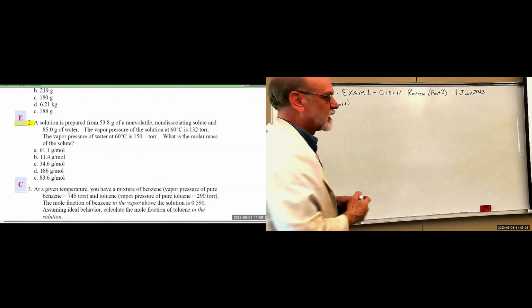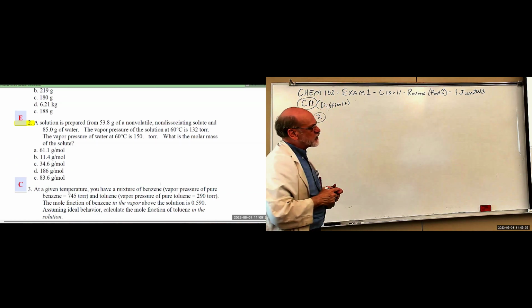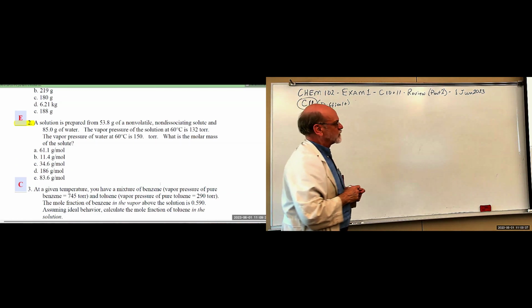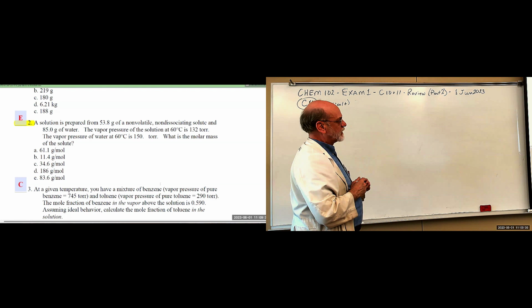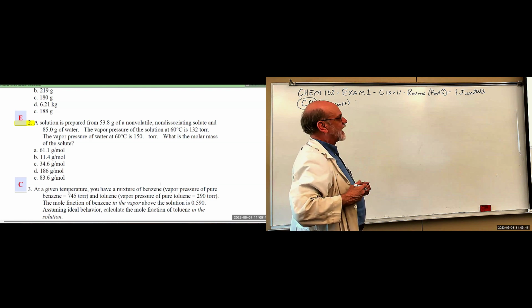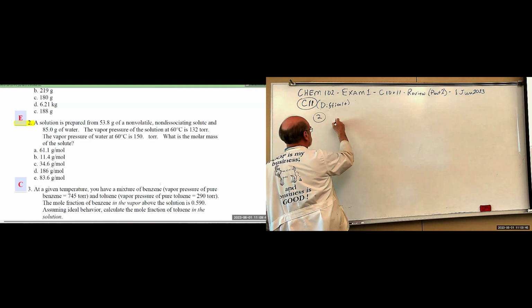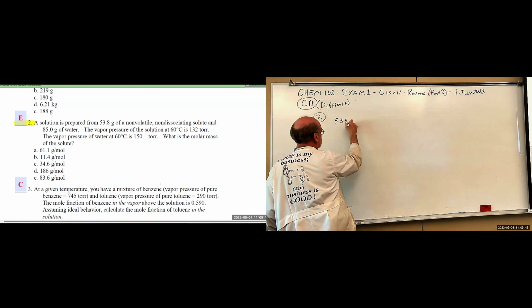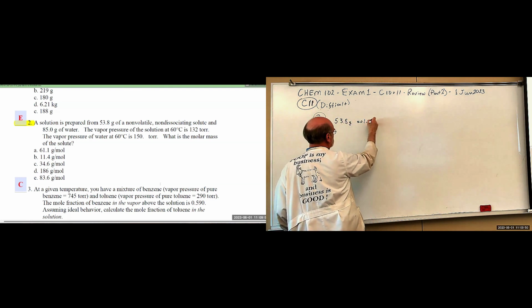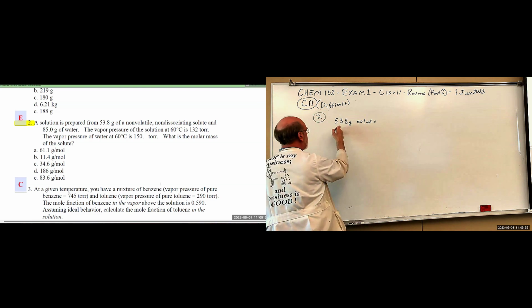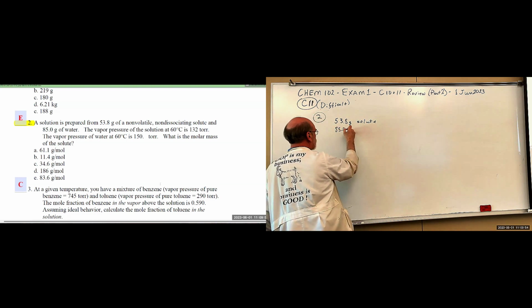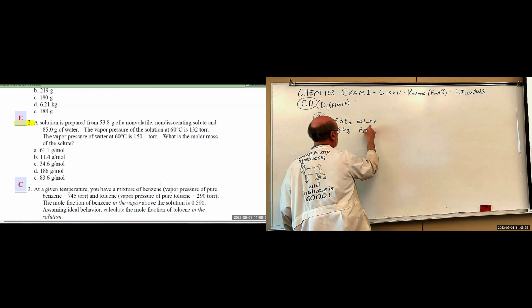A solution is prepared from 53.8 grams of a non-volatile, non-dissociating solute and 85 grams of water. So we have 53.8 grams of the solute and 85.0 grams of water.